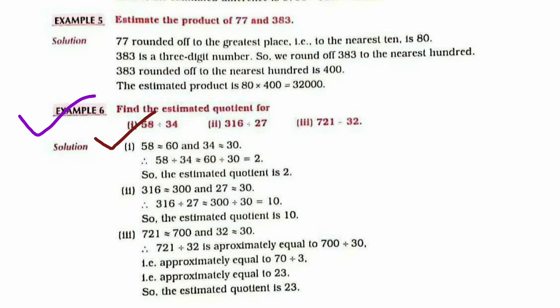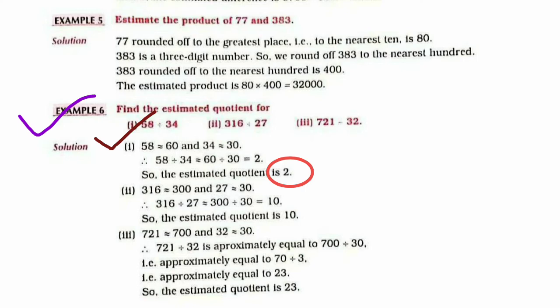For solving this, first we round off 58 to the nearest tens because it is a 2-digit number, which is equal to 60. And 34 rounded off to the nearest 10 is equal to 30. Therefore, 58 divided by 34 is approximately equal to 60 divided by 30, which is equal to 2.